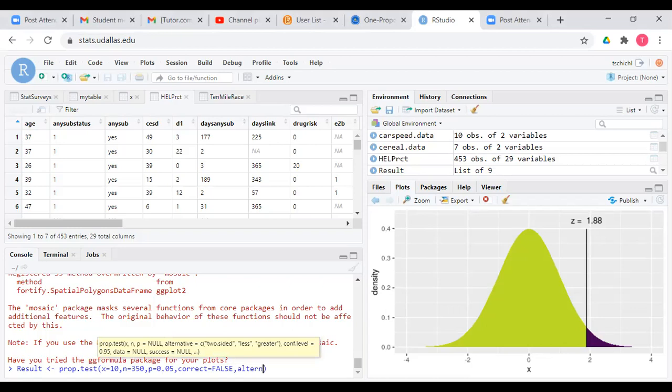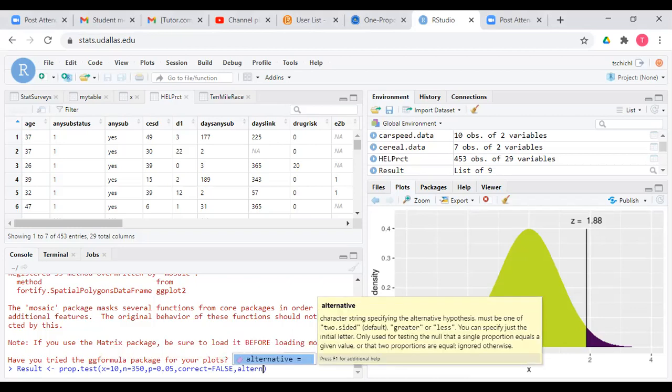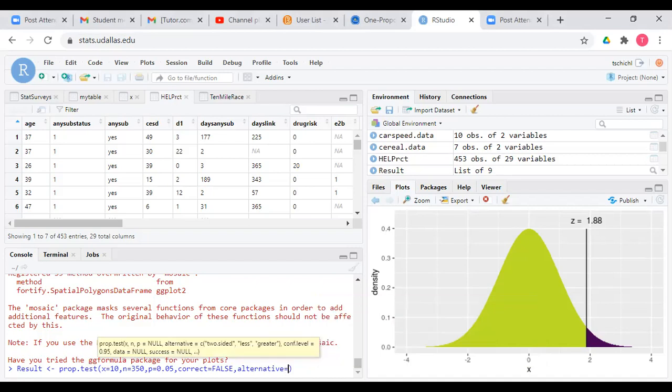Then you can put alternative. Alternative is equal to, because that tells which side, so you will say less, right? Look here, R is very good. They give you this hint. You can type two.sided or less or greater.